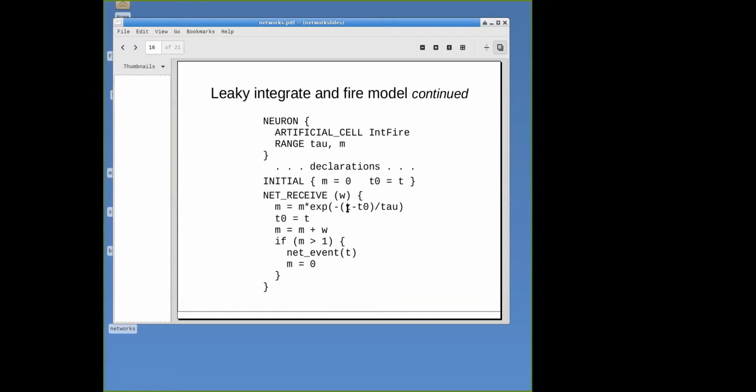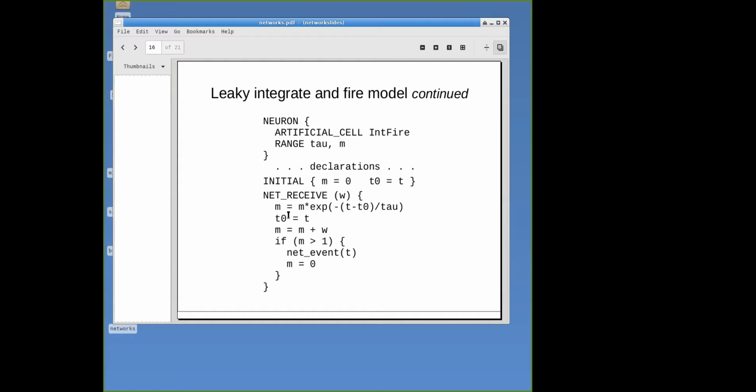It's e to the minus (t minus t0) divided by tau. This is the current time, this is the previous time. The bigger this value is, the longer time has elapsed between its previous event and now, the more decay M undergoes and the smaller this updated value of M will become. Then the time of the most recent synaptic input is updated. And then the membrane state is updated by adding the weight associated with the input.